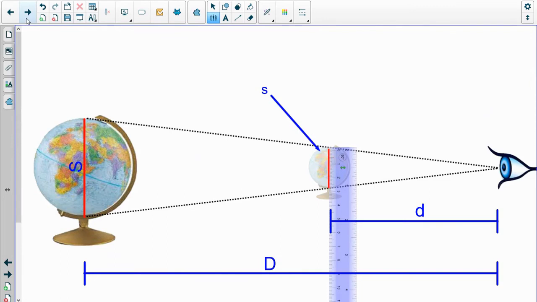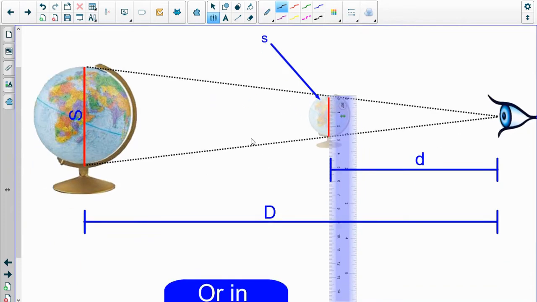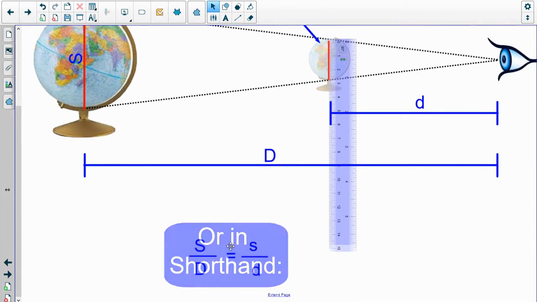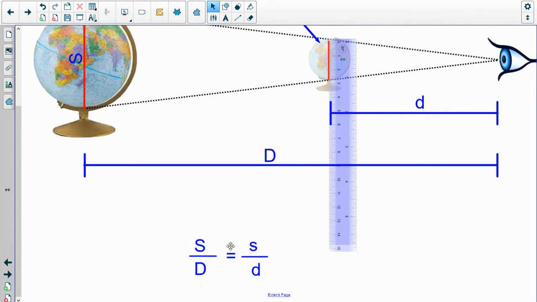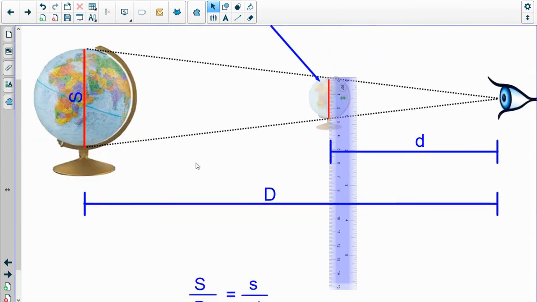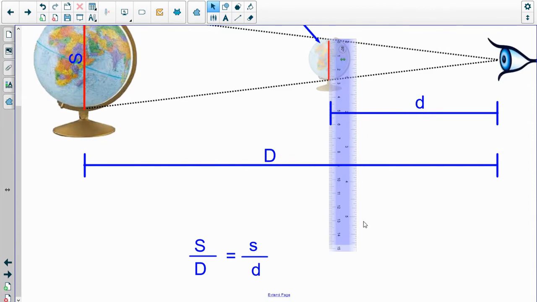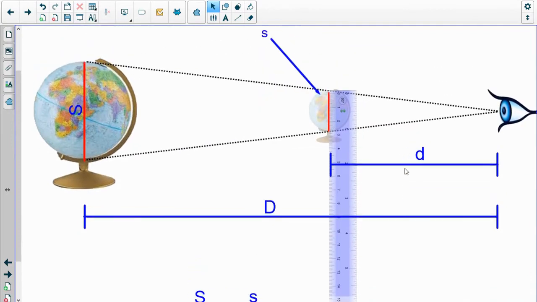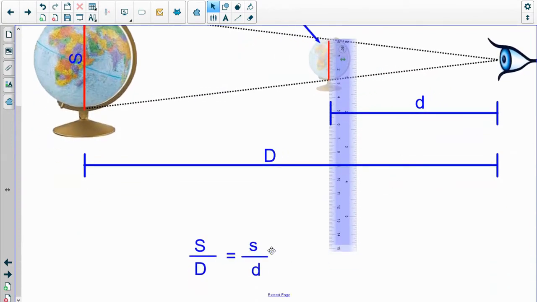One other way that we can do this is, scientists like to use shorthand when we're using a formula, just because that equation or those relationships can get a little bit tedious. So another way you could write this is big S is to big D, where big S represents actual size and big D is actual distance, as apparent size is to sighting distance.